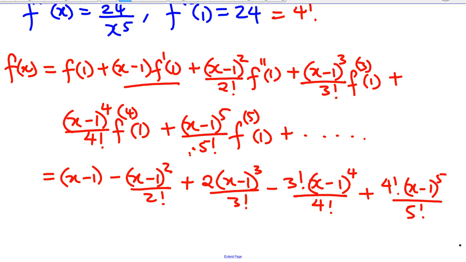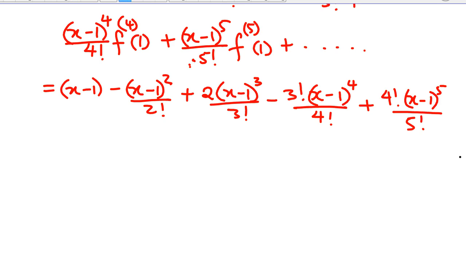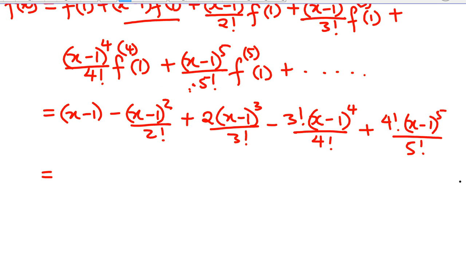And then we have to simplify this. So this one and this one will simplify. That and that will simplify. That and that will simplify. So what we'll end up with here will be 3. Here we'll have 4, and here we'll have 5.